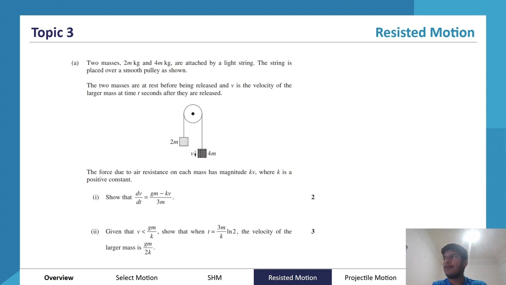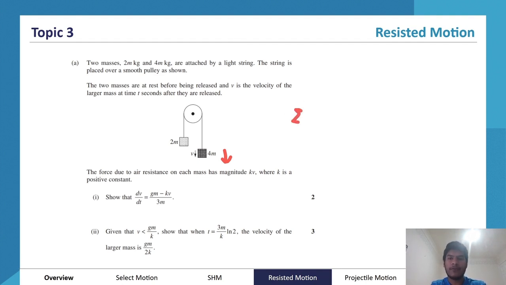So we have the 4mg pulling it downwards. And let's just say anything that assists the motion downwards is positive. Anything that resists the motion is negative. Now, that's not the best sign convention to use because sometimes it's hard to tell what's assisting motion and what's resisting motion. But in this case, it's not too complex of a system, so we can do that.